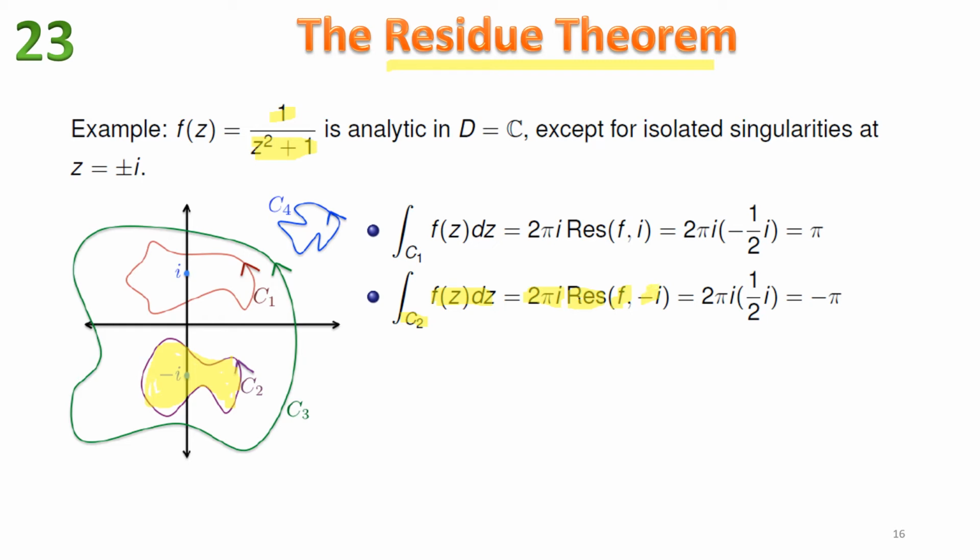In the last example we have seen that the residue is i by 2, and here again the cancellation crops in. This 2 will be cancelled, and i into i will be minus 1, so i squared pi will be minus pi.